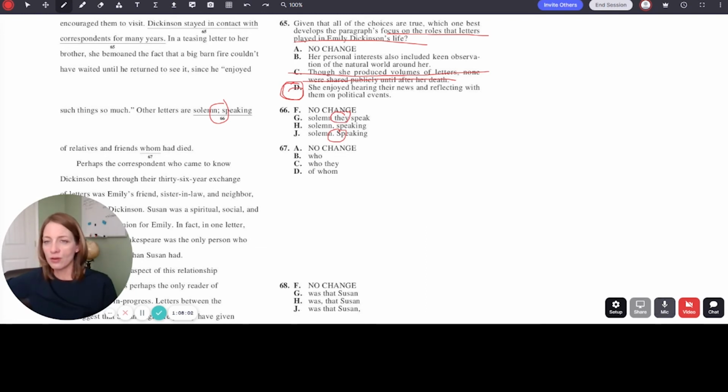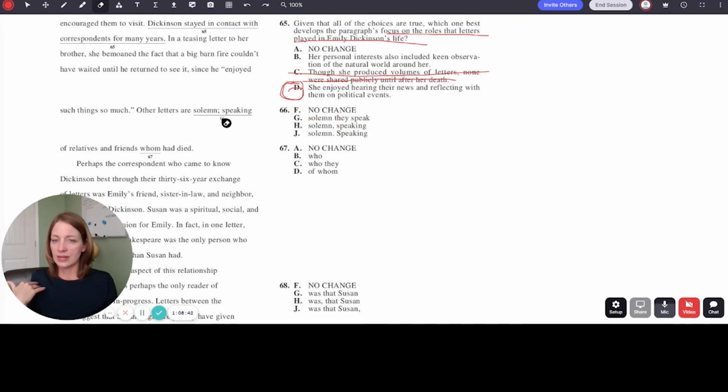So for those trying to get perfect scores and trying to move super fast, I would select H. Notice I haven't even read the sentence yet. But based on the way the ACT behaves, we're going to rule out F and J, because if F was correct, J would be correct also. And G is very suspicious because it makes me think that it's adding in a subject verb, and there's no punctuation there.